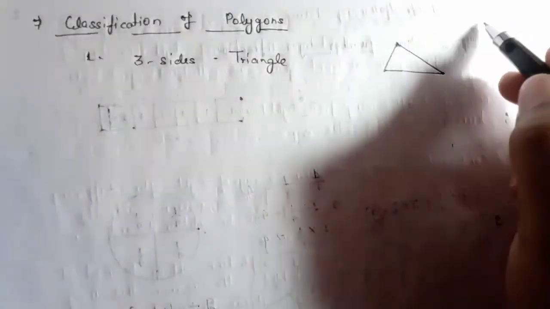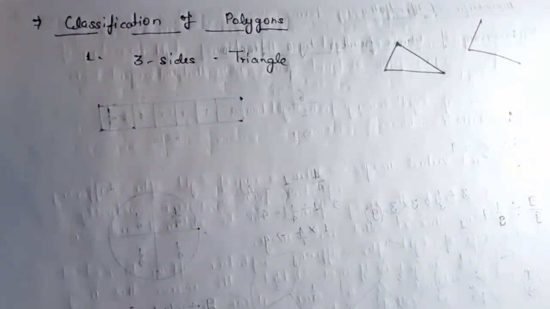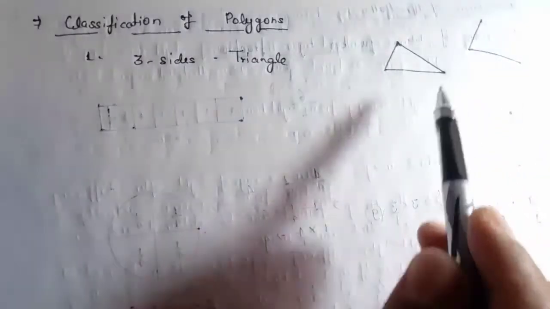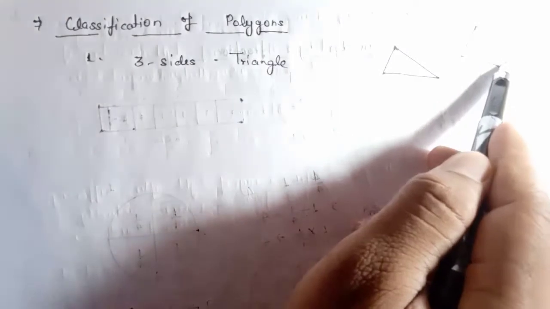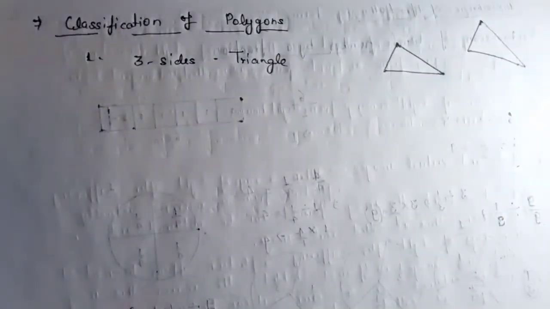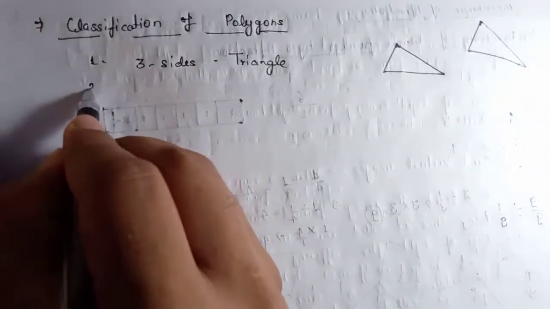There must be at least three sides to form a polygon, because you can see these are two line segments, but we can't close without another line segment, so we need another line segment here and it becomes a triangle.